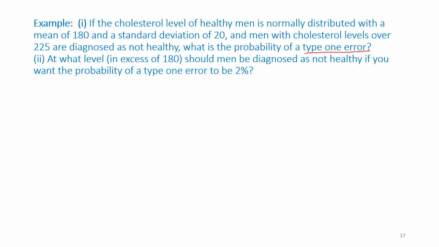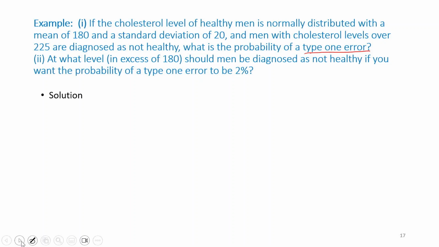So distribution is normal. Mean value is given 180 and standard deviation is also given. Now men with cholesterol level 225 and above are diagnosed as not healthy. In that case, what is the probability of type 1 error?